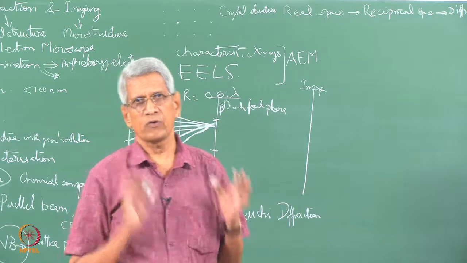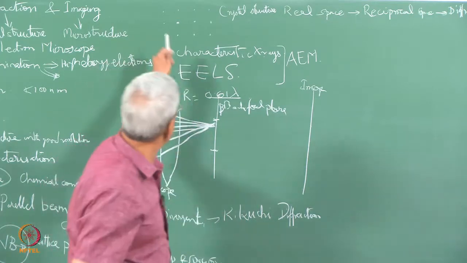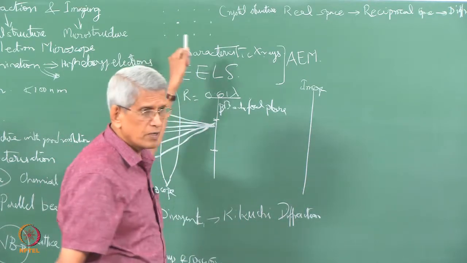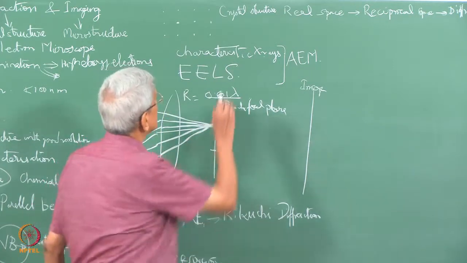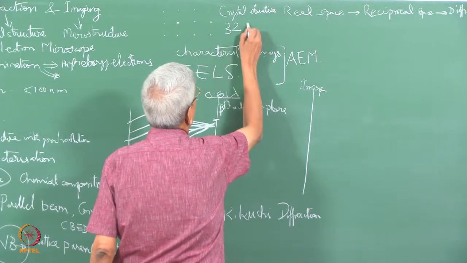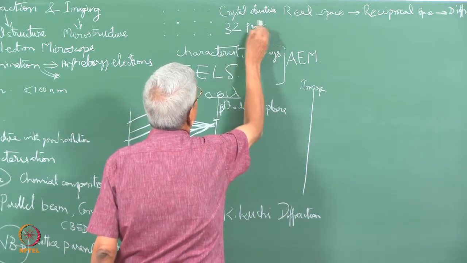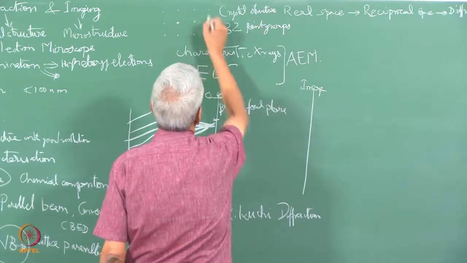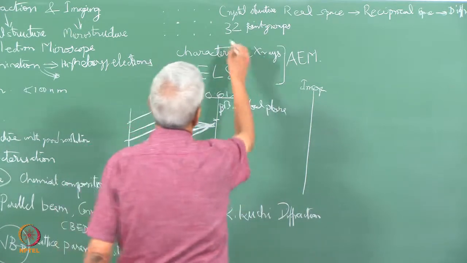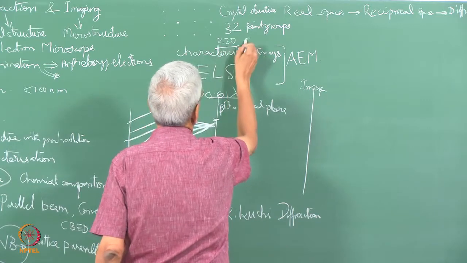What all the symmetries which we can have in 3 dimensions? There are only 32 distinct point groups possible. When they are arranged around the space lattice, they give rise to 230 space groups.